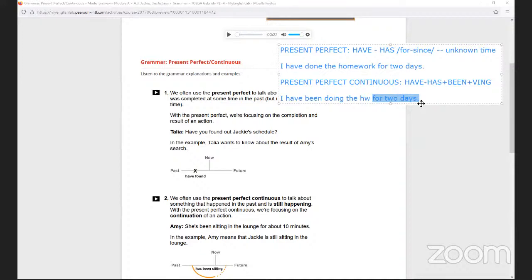So I'm gonna subtract 2 days, and I'm gonna say, okay, Sunday and Saturday. So I have been doing the homework, coach, for 2 days. So what does it mean? That I started, I know the specific time, okay?